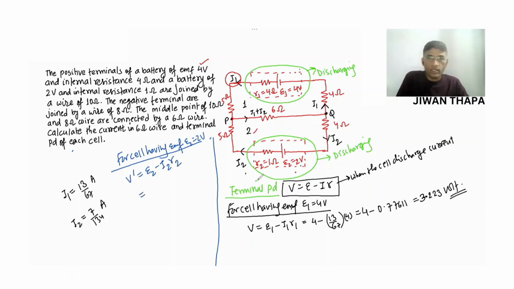So what do you have? E2 is 2 volt minus I2 is 7 by 134 times R2 is 1.